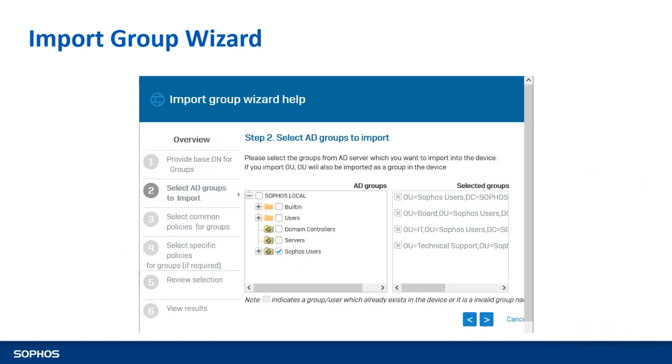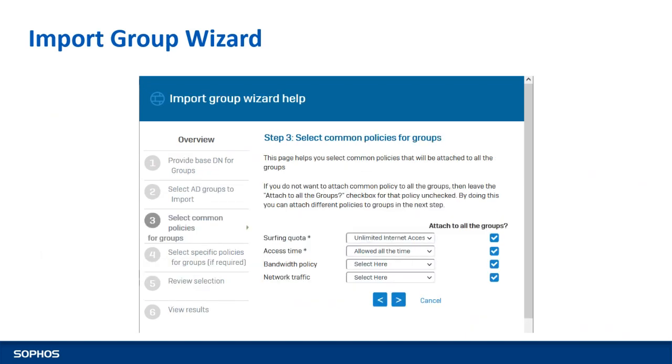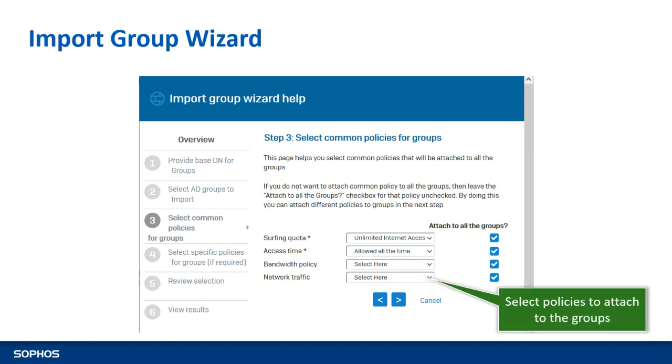One or more OUs can be selected, and the groups they contain will be shown in the Select Groups pane. Common policies such as surfing quota and access time can be selected and attached to the groups too.